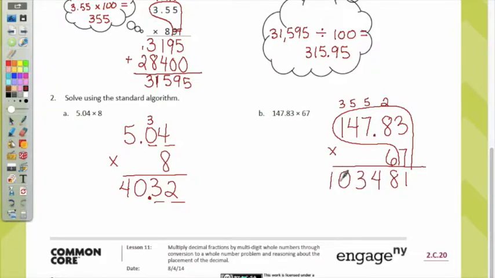Whoa, that was a lot of regrouping. Lots of X's, huh?